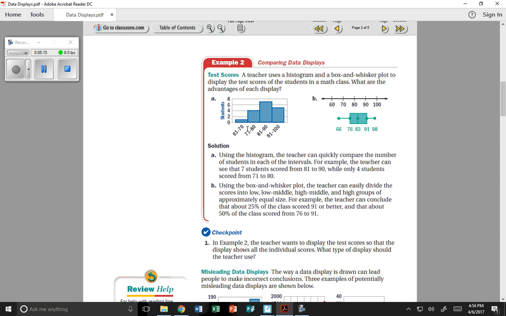A histogram, the teacher in this case can quickly look at how many students are sitting below a C, at a C, at a B, and at an A, so she can see kind of the breakdown. With a box and whisker plot, she can easily group students into 4 separate groups here. So she's got the lower, a little bit better, higher, and then the highest group here.